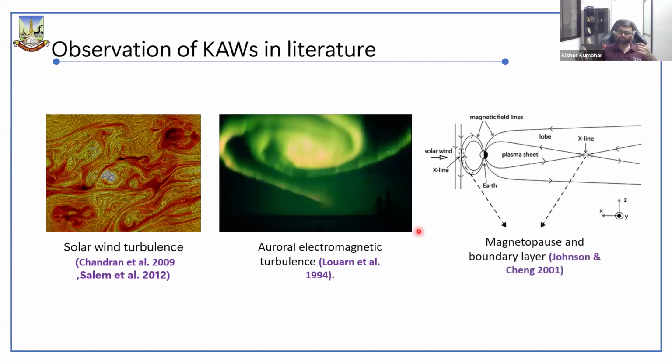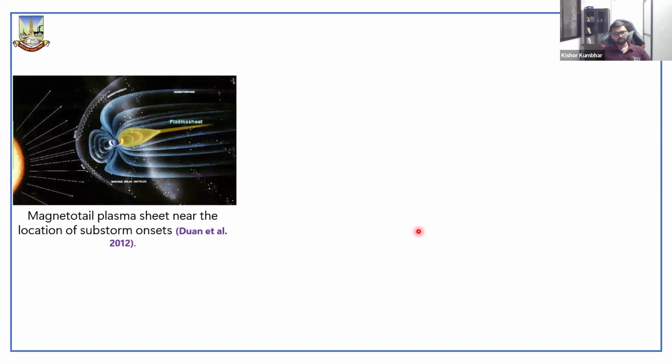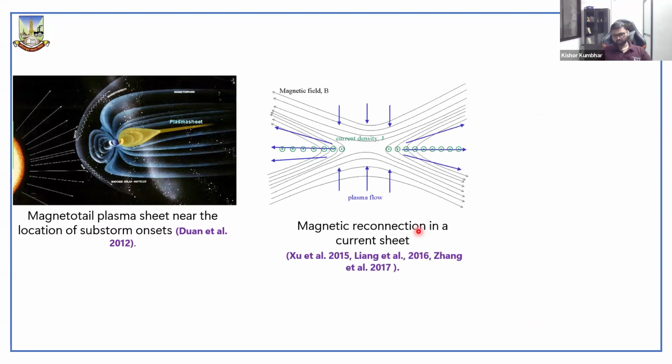They have even been observed between the magnetopause and boundary layer. And they have even been observed within the magnetohydrodynamic plasma sheet near the onset of substorms. And recent observations as well as numerical studies suggest that these KAW waves can even be generated near the reconnection exhaust formed because of magnetic reconnection in the current sheets.